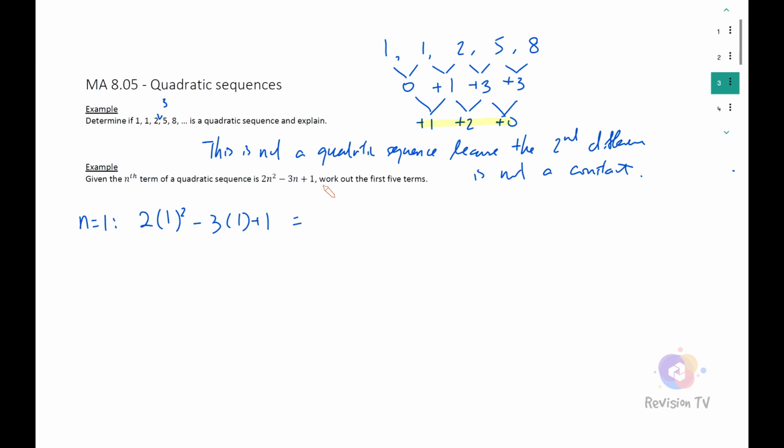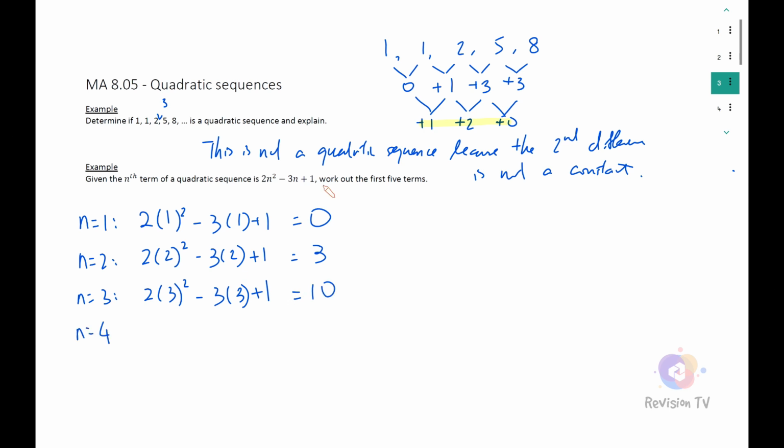Anyway, so that one's 2 times 1 is 2, minus 3 is minus 1, plus 1 is 0. When n equals 2, 2 times 2 squared minus 3 times 2 plus 1. So 2 squared is 4, 4 times 2 is 8, 8 minus 6 is 2, plus 1 is 3. N equals 3, similarly. So every time we're just going to change the value of n, which gives me 10.